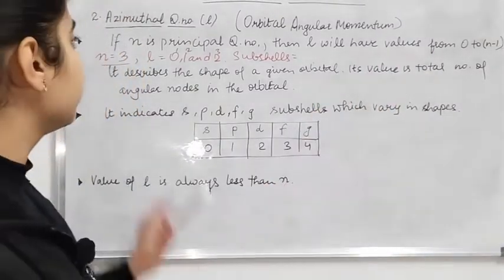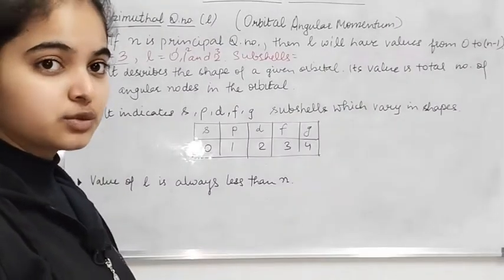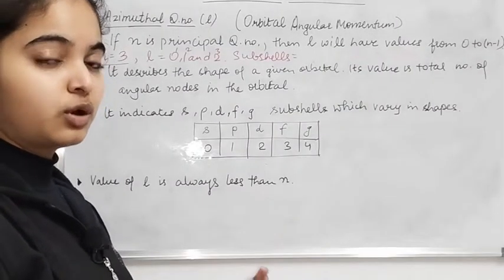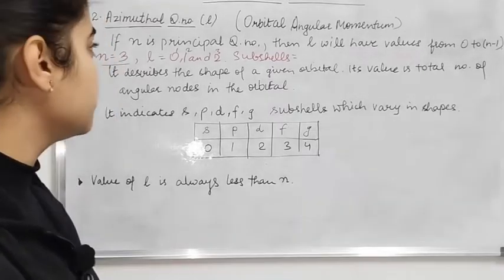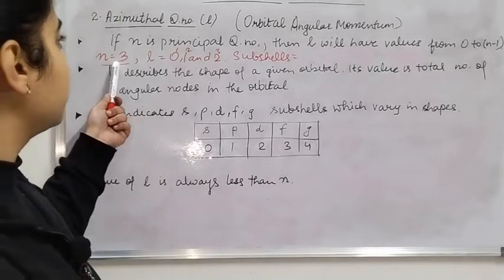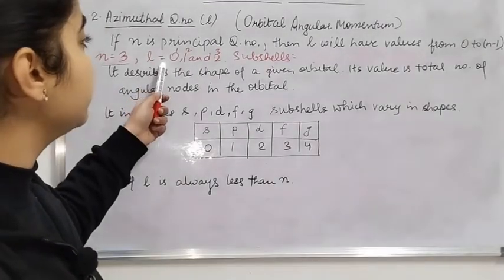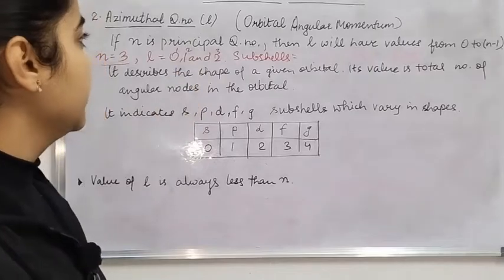For example, if the value of principal quantum number is 3, then n minus 1 is 2, so 0 to 2, all the values that come between 0 to 2, it will have. If the value of principal quantum number is 3, then azimuthal quantum number will be 0, 1 and 2.